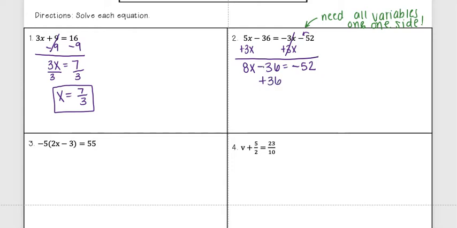Since it's minus 36, I do the opposite operation. I add 36 to both sides. And so negative 52 plus 36, I get negative 16. And then I'm going to divide both sides by 8. And so I get x is equal to negative 2.